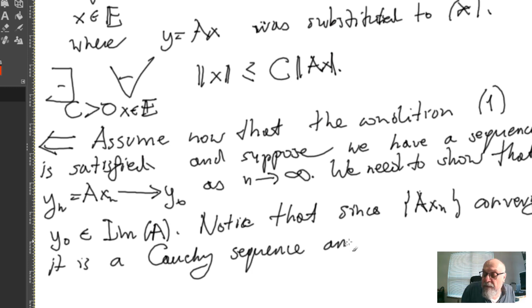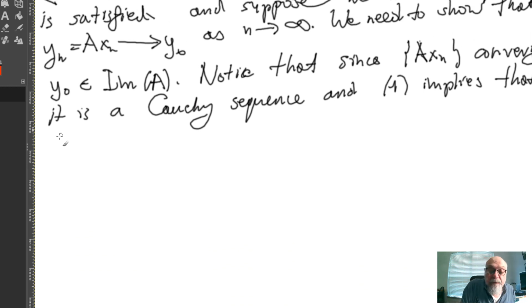And the inequality 1 implies that x_n is also Cauchy.